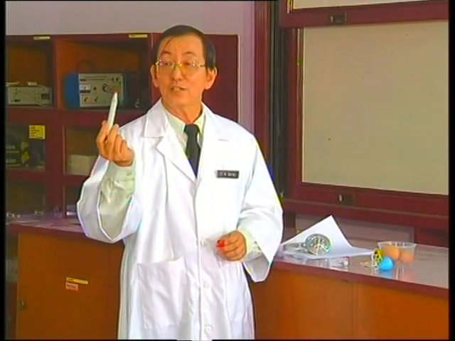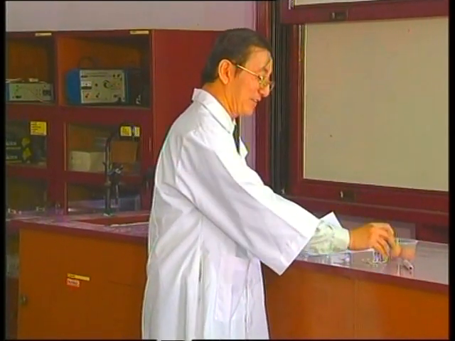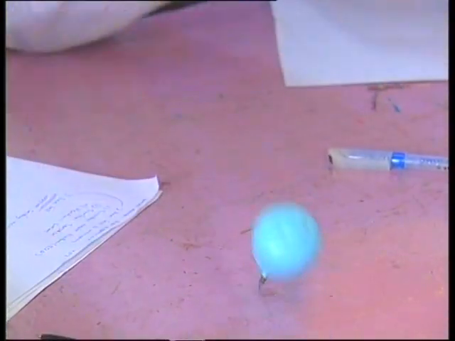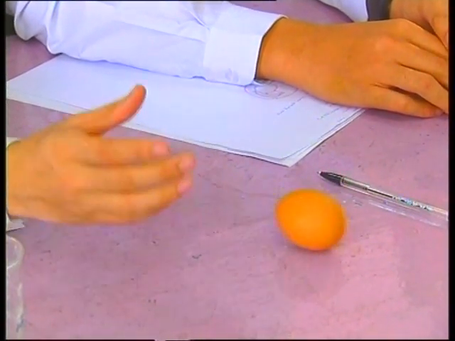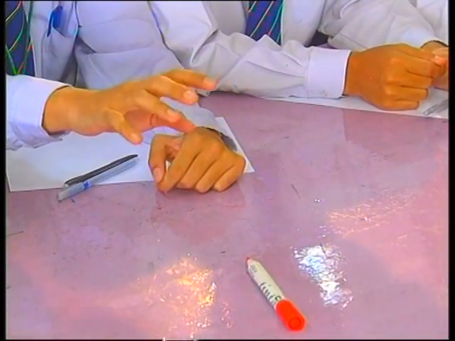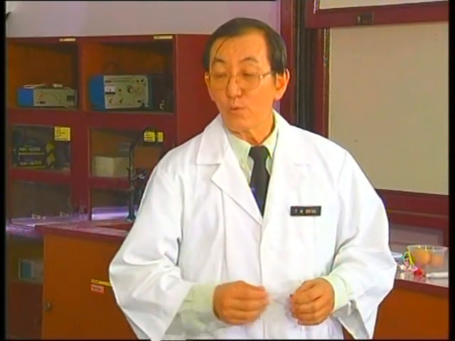Now, you all should try to make it stand. See whether it can stand or not. It has a pointed end, so it is unstable. Can you try to spin them and see what is the effect of your spin?